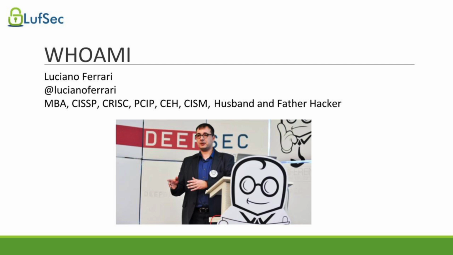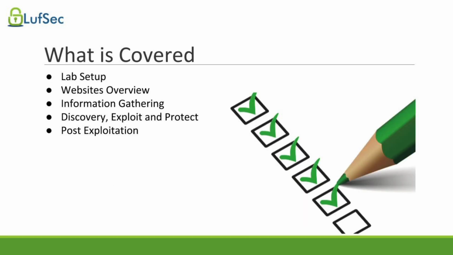By the end of this training, you'll be able to learn how to launch attacks on web applications the same way black hat hackers do it. You will also learn how to secure web applications and prevent those attacks from happening. We're going to start with some basics on how to set up your lab, how to set up your computer for penetration testing.